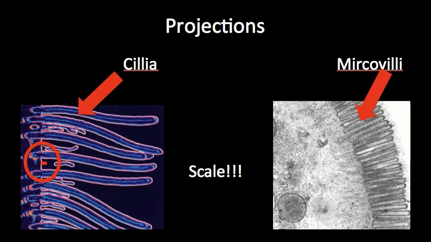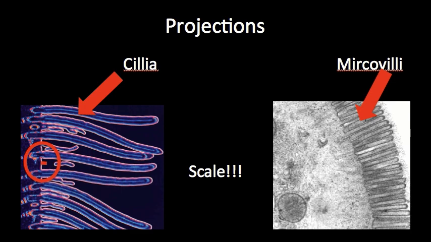Whereas on the left, and do notice the little red line in the red circle is to give you a scale. That little red line is the equivalent size of a microvilli. So you can see these things on the left called cilia are many, many tens of times larger than microvilli.